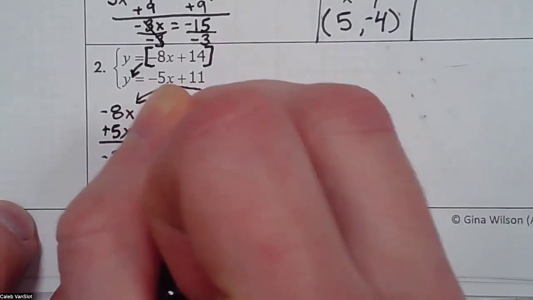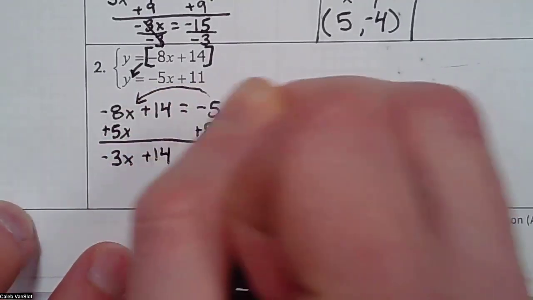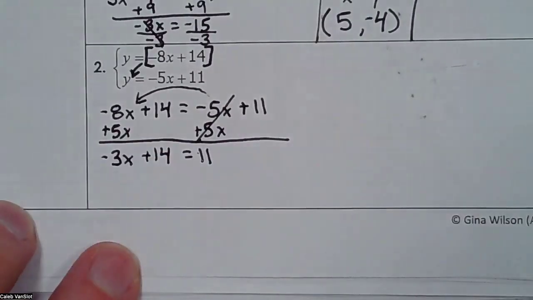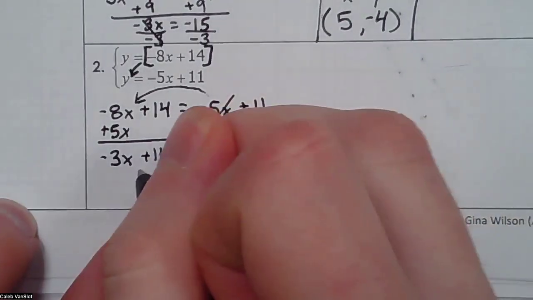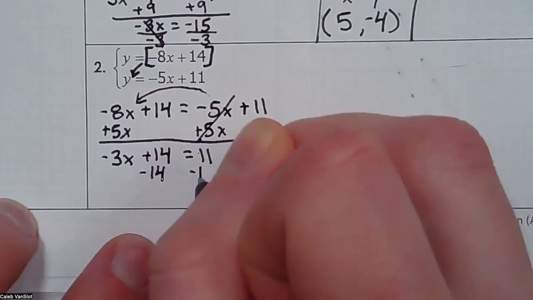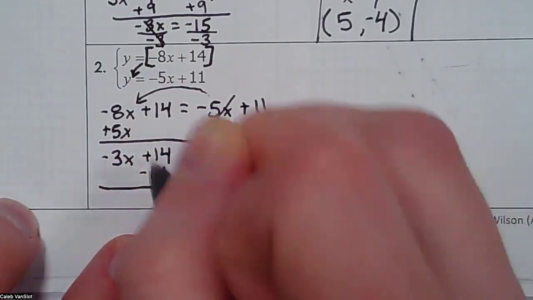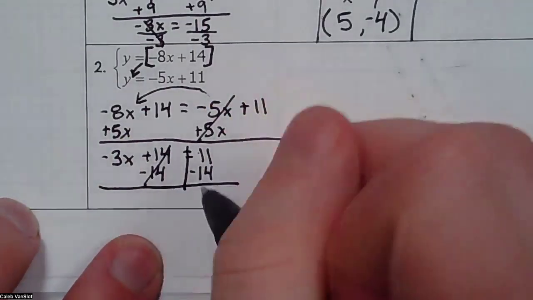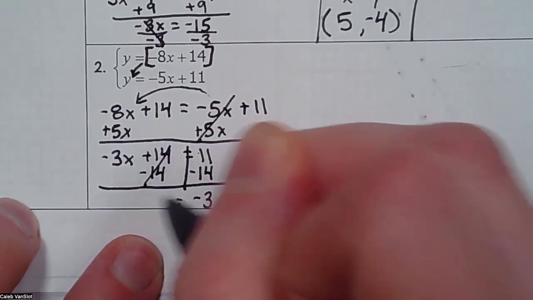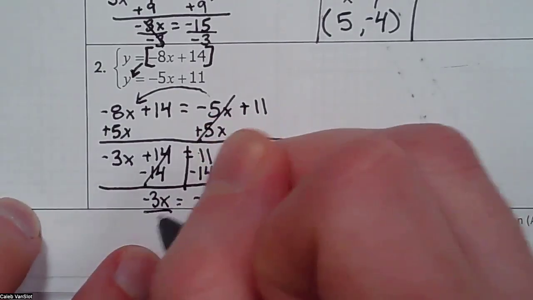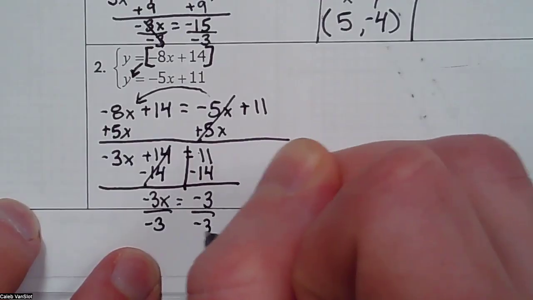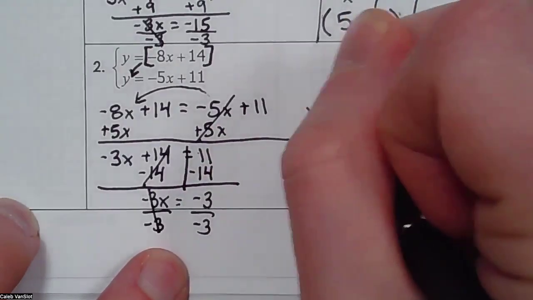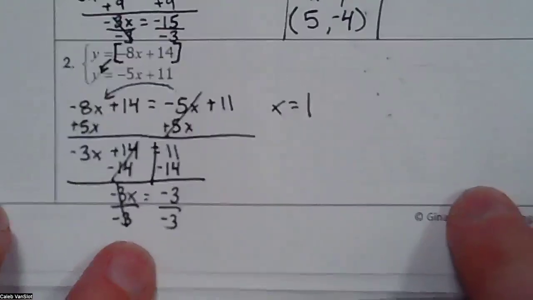That gives me -3x plus 14 equals 11. I can now do the inverse of addition, which is to subtract. This is going to give me -3 equals -3x. And when I divide by -3 to get my x by itself, I get +1.